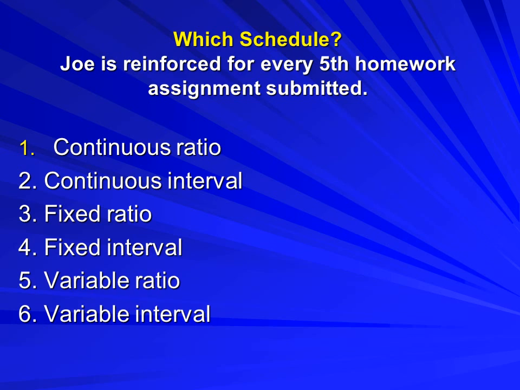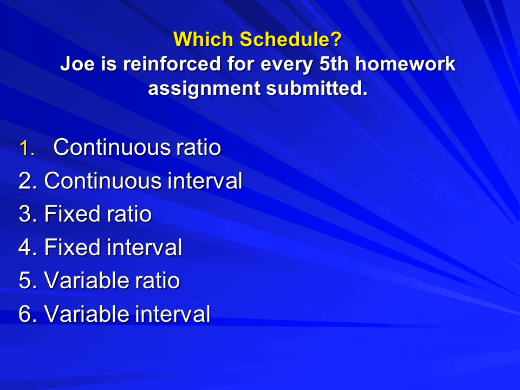It became every second time that he submitted the homework that received reinforcement. And then we may have boosted it. We said, "I think you can jump over 3 and go to 4." And he was successful. And now we're saying, "Joe, your schedule is new and different now. You have to submit 5 homeworks in order to get reinforcement."